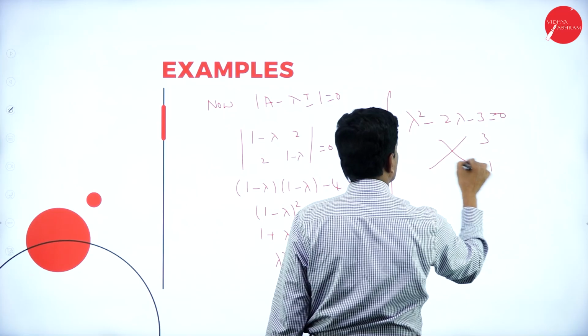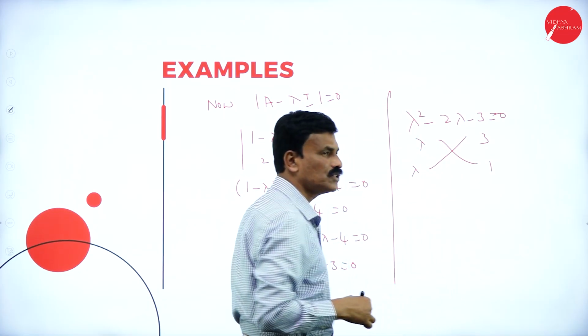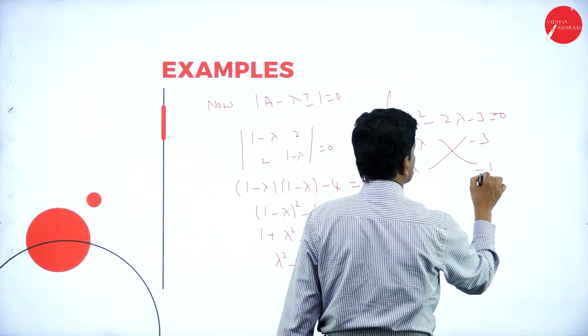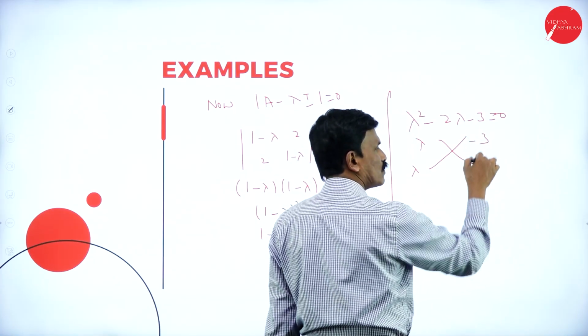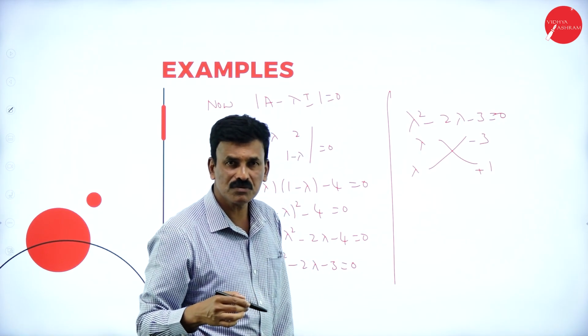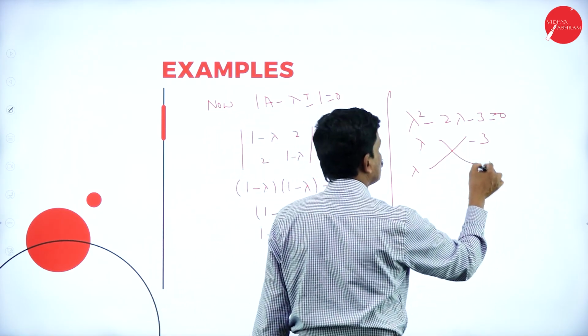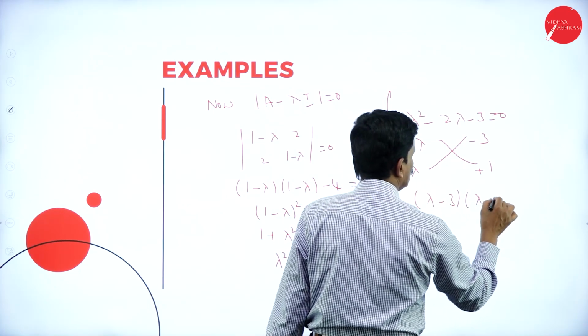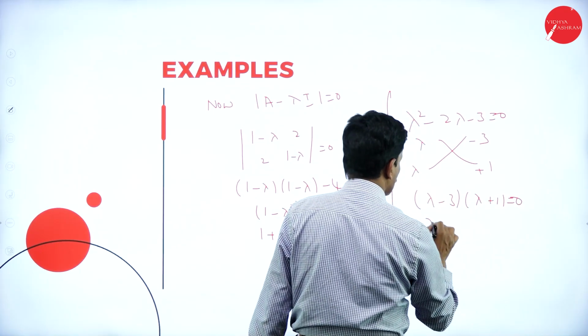Factorize this using cross multiplication. Lambda into lambda is lambda square, 3 into 1 is 3. Let us represent this as minus and plus: minus 3 plus 1 is minus 2. So, we can write (lambda minus 3) into (lambda plus 1) is equal to 0.